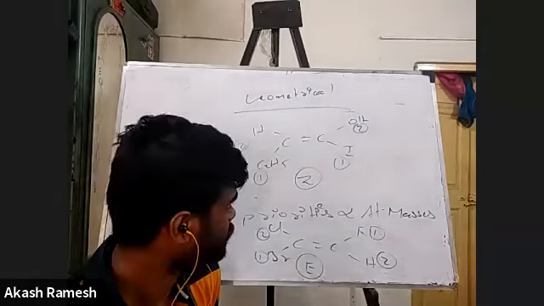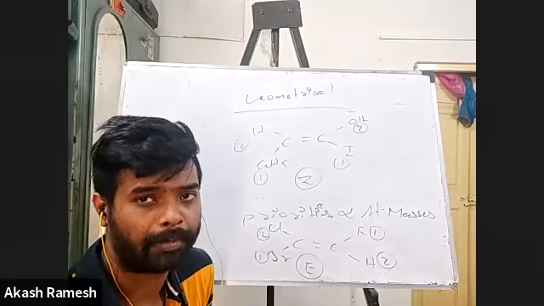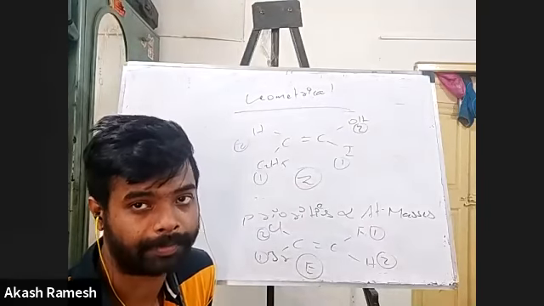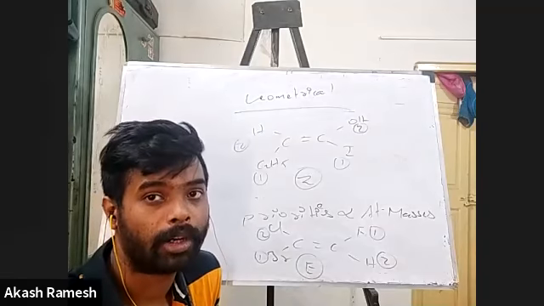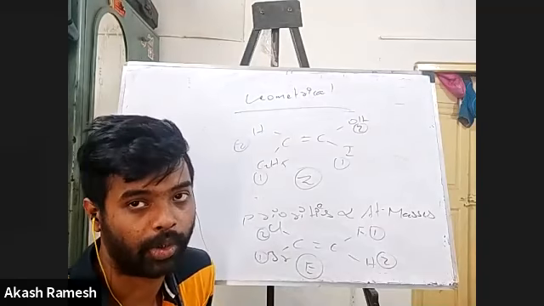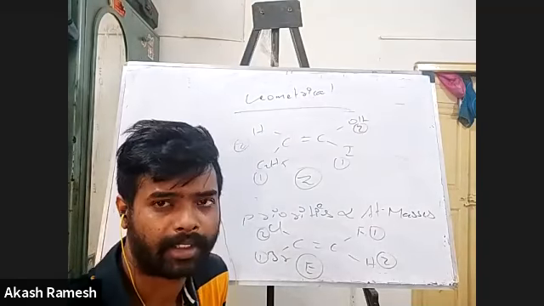But I can make it relatively tougher if you have more than one double bond. If you have more than one double bond, you have to slowly do it. Let me take an example.